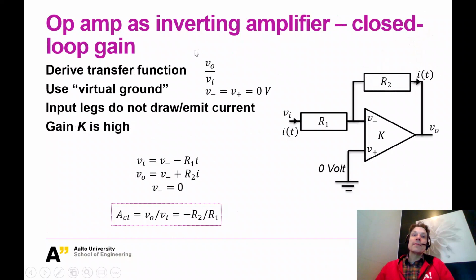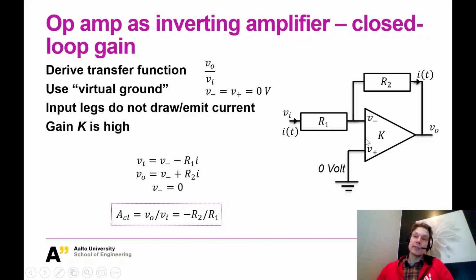So if we now apply our rules and make this type of setup, where we have a negative feedback by resistor 2 and input resistor 1 before our operational amplifier, we can analyze what type of behavior we have, and what the closed loop gain is, bearing in mind that no current flows in the legs and the voltage between the legs is always the same.